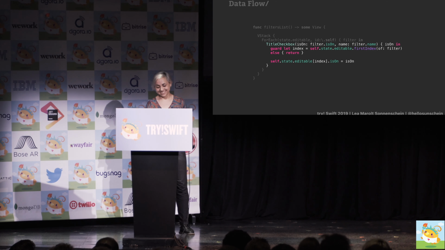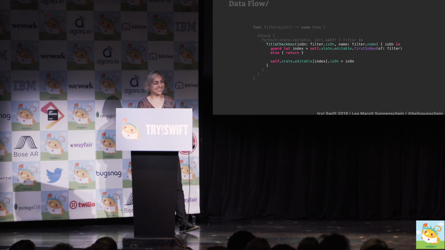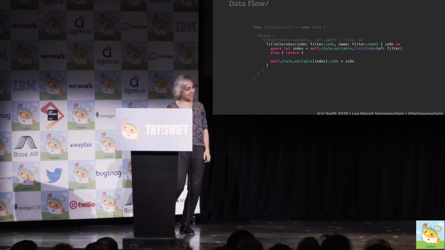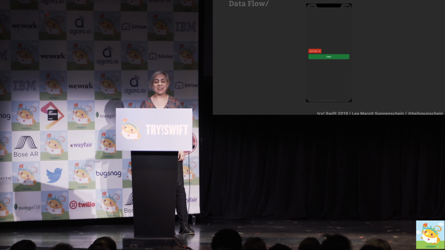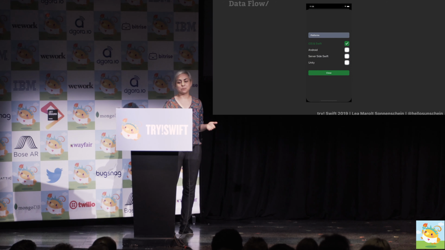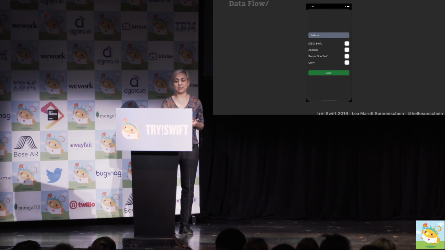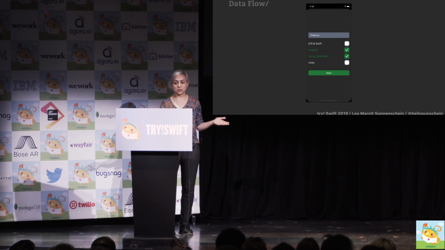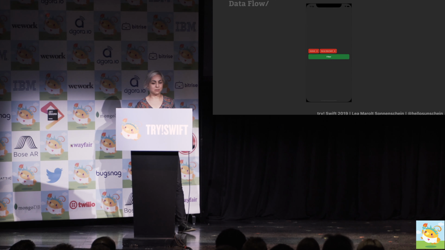Yay. So that was quite a lot of stuff to get to this point where we can see what filters are applied and change them from both the main screen and the filter screen while making sure that they're both accurate at all times.